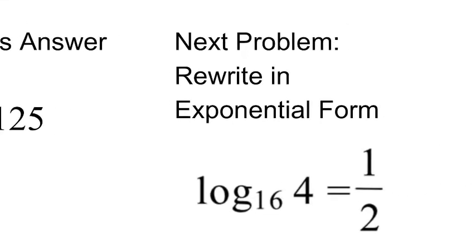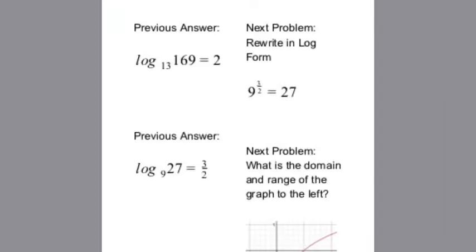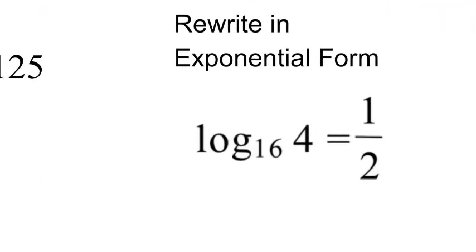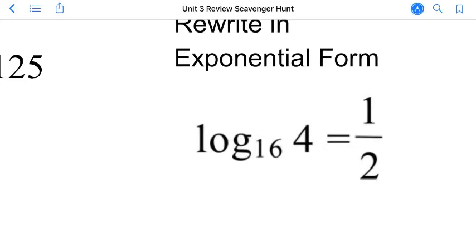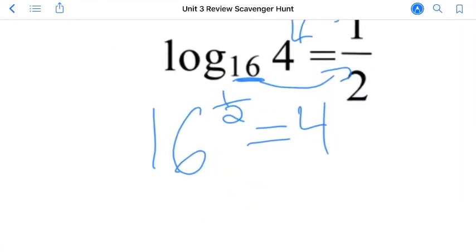So then you should have gone to rewriting this in exponential form. We're taking the base of our log, which is 16, raising it to the 1/2 power, and equaling whatever we were taking the log of. Now this one was a little bit tricky because you had to take care of this 1/2.